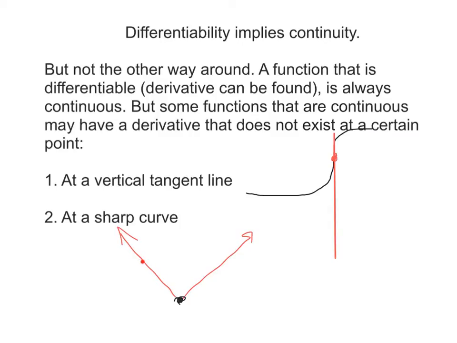Remember, the derivative is the slope of the tangent line. Whereas as I approach it from the right, the slope is positive. So these aren't going to have the same limit, the same derivative as I approach this point from the left and the right. So this derivative does not exist at this particular point. I can find it elsewhere on the curve, but not there.